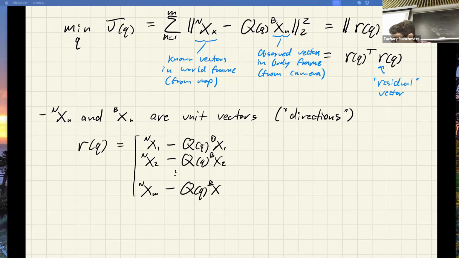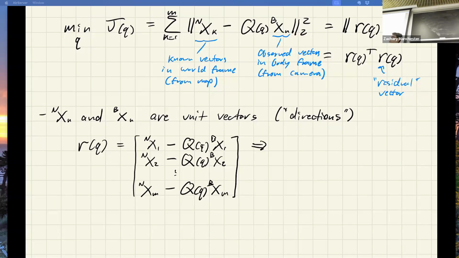So that's all the x's, and it's the same q. Okay, so this is my residual vector, and obviously we need to minimize it. Gauss-Newton is the standard thing to do in least squares.